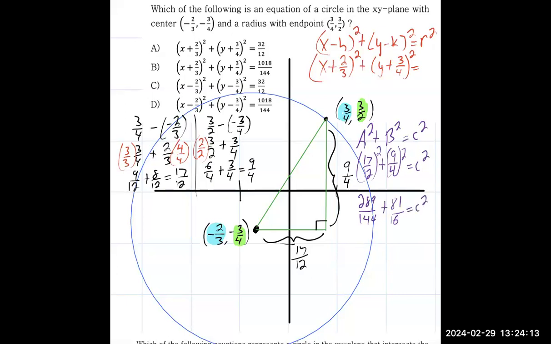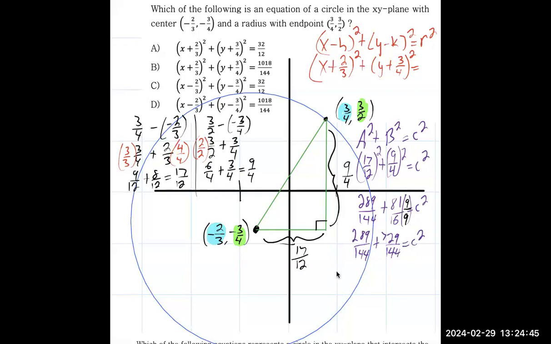And we need some common denominators here. 144 divided by 16 is 9. So we can take this side and multiply it by 9 over 9. Now we have 289 over 144 plus 81 times 9, 729 over 144 equals c squared.